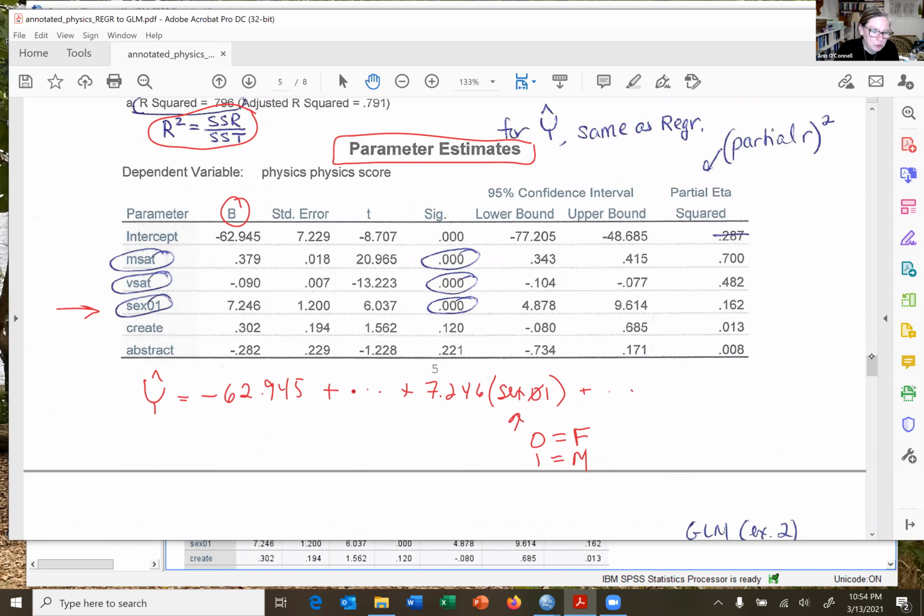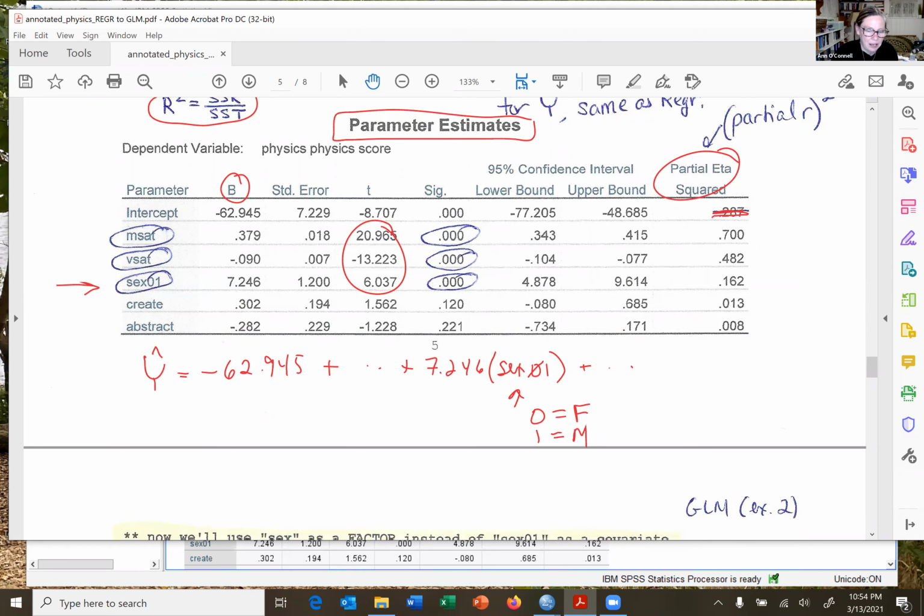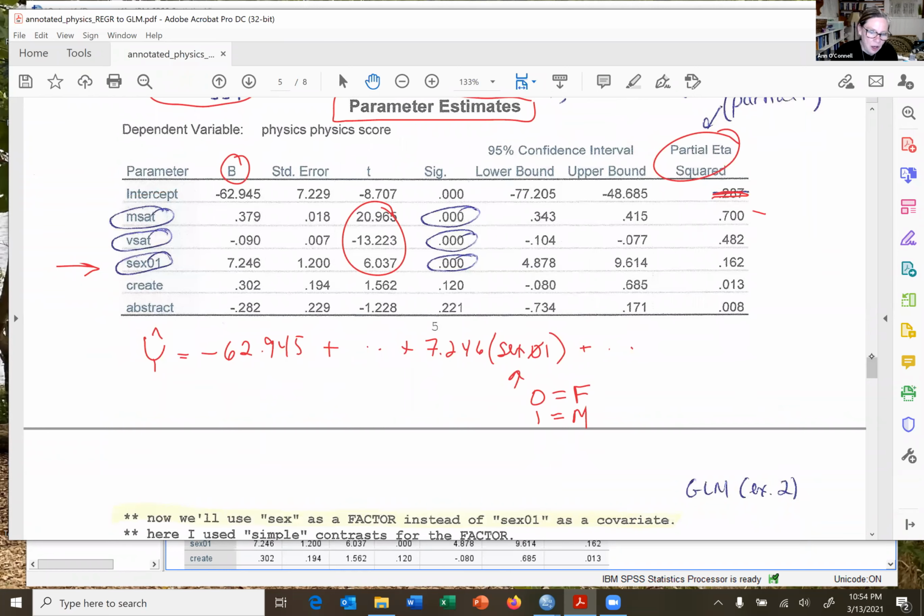So we see our same three variables are significant. Here's the same three t statistics. Again, if I square those, I'll get the F statistics in the above ANOVA table. We get our partial eta squared. Again, I'm not going to interpret, oops, I didn't want to delete that. I don't want to interpret what this partial eta squared is for the intercept because it's not particularly helpful. But the other partial eta squares for the predictors in our model are the same as what we saw from regression.